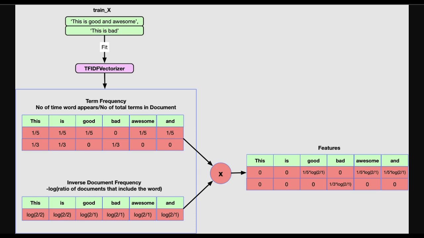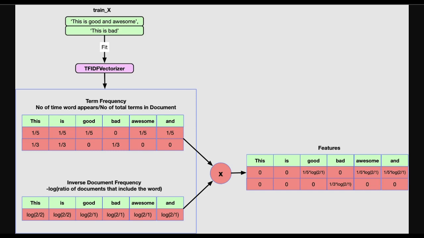Same goes for is. When you take a look at the good column, your inverse document frequency for good is log of 2 divided by 1. And when you multiply it by 1 divided by 5 from your term frequency, with log of 2 divided by 1, that's stored in the good column of document 1. That's your TF-IDF for good of document 1.